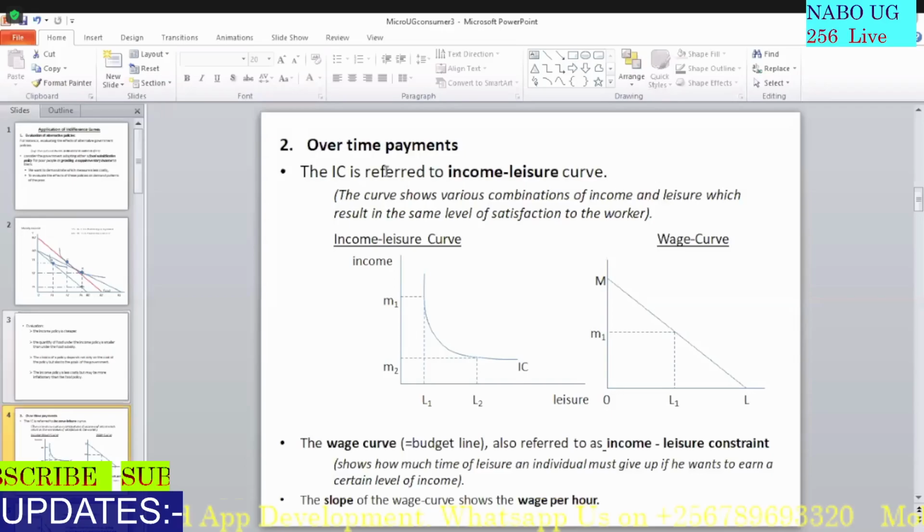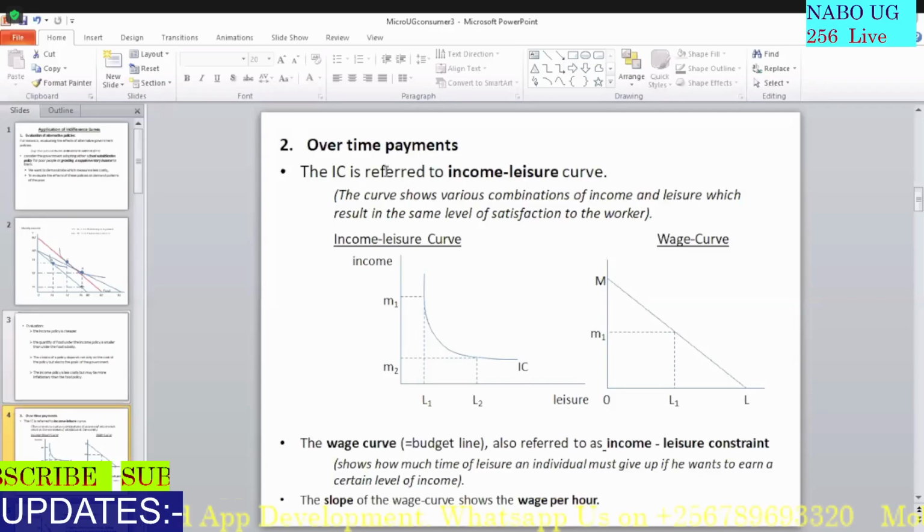Okay, so this is our wage curve here. The wage curve, like we would think of a budget line, shows how much time of leisure the individual must give up if he wants to earn a certain level of income.